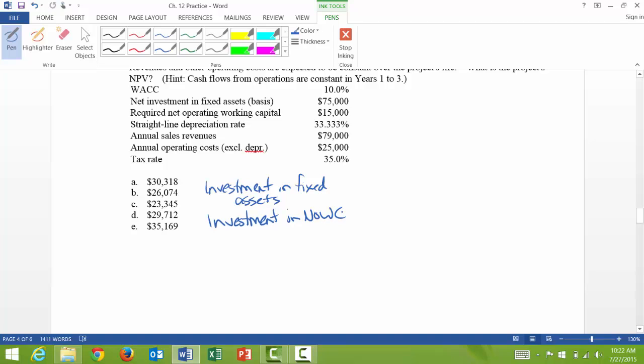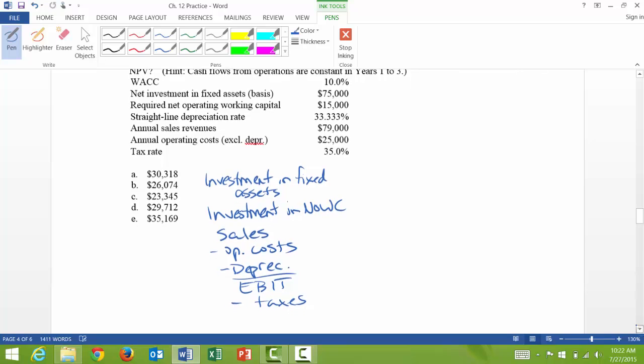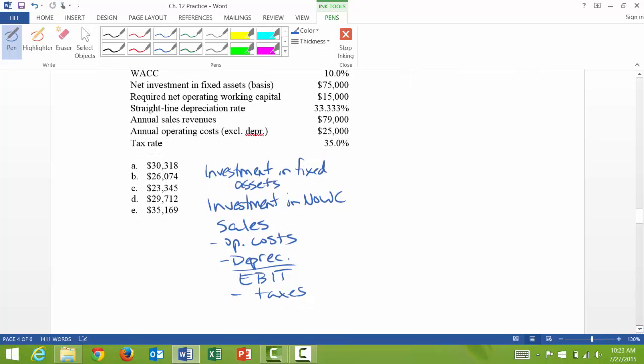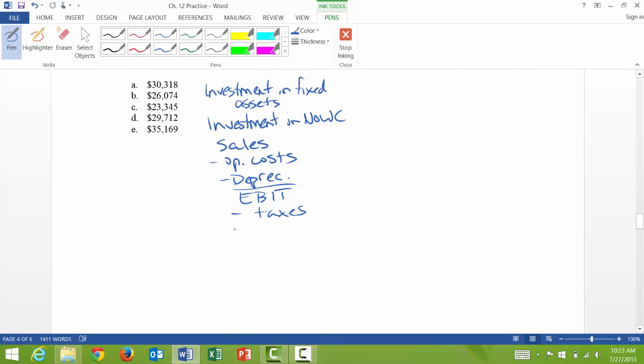And then the rest of our lines after that, we have our sales minus operating costs like we usually have, minus depreciation. And then we get our EBIT. We take out taxes. Basically it's like EBIT times 1 minus the tax rate.